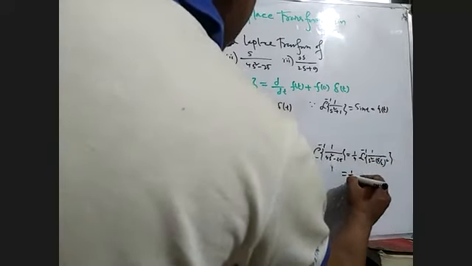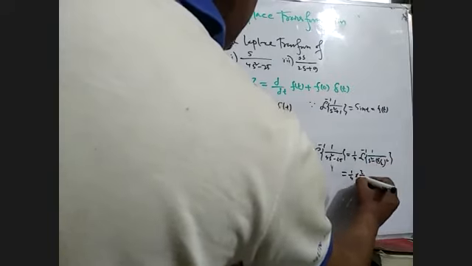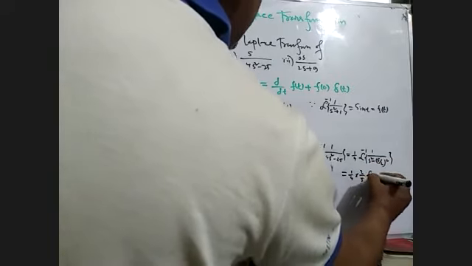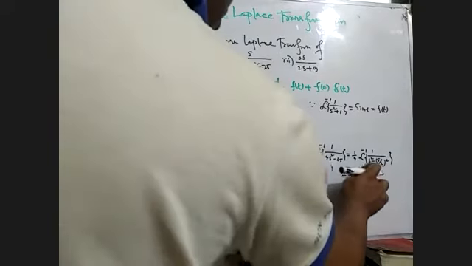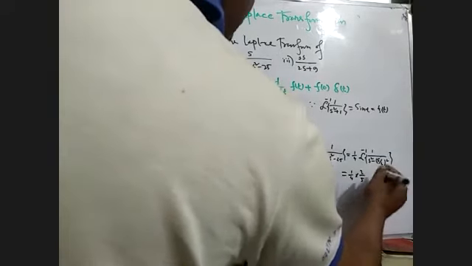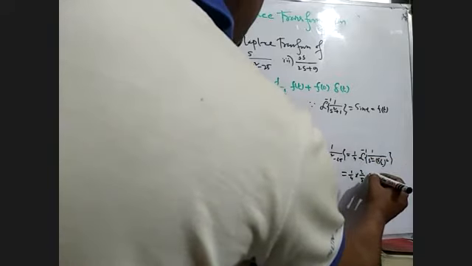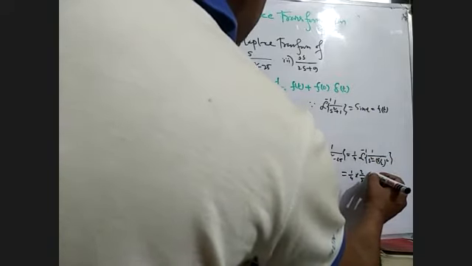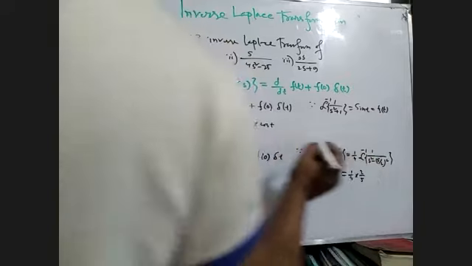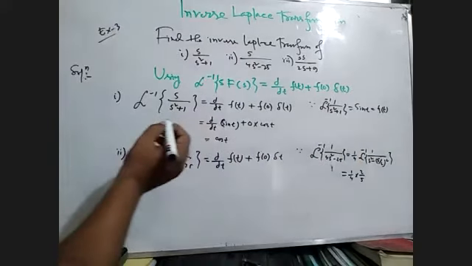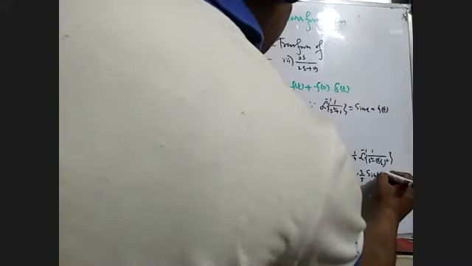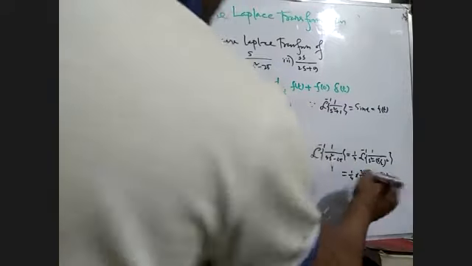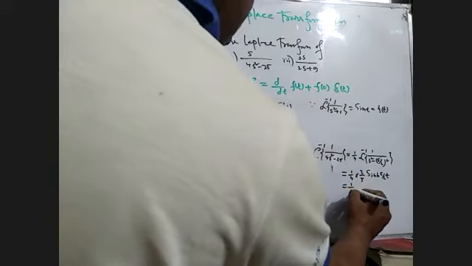So this formula will be what? 2 by 5 inverse Laplace transformation of, sorry, 1 by s square minus s square formula, what will be? Sine hyperbolic 5 by 2 t. This is the original function, 1 by 10.